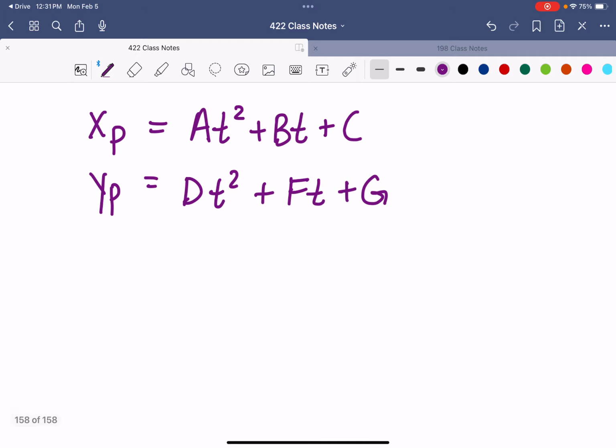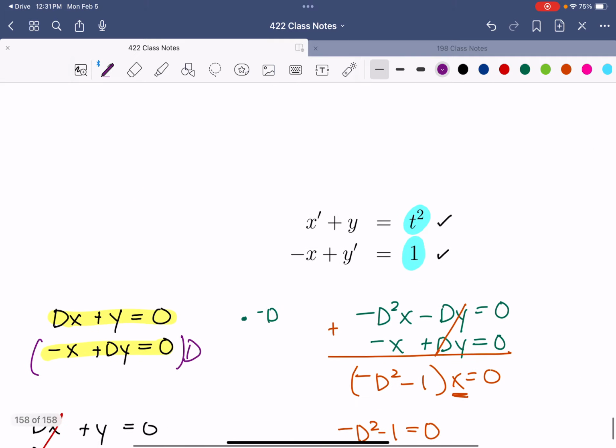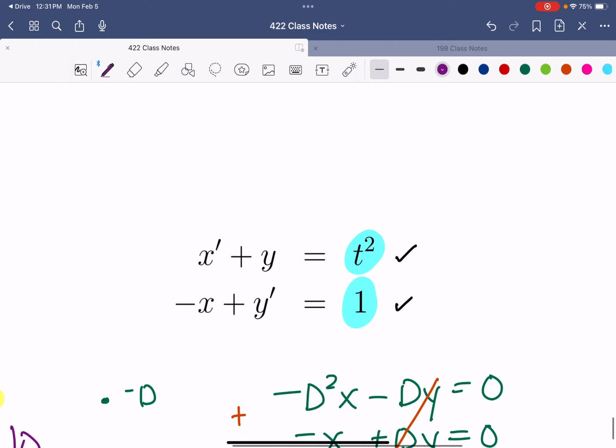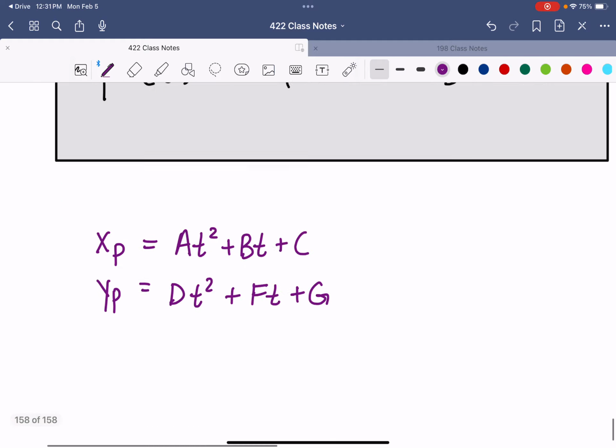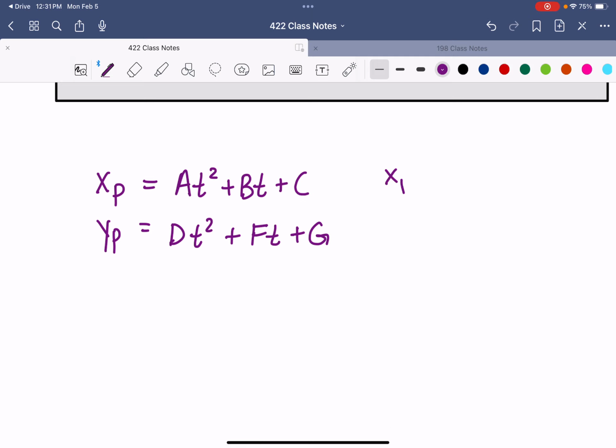That means we're plugging back into the original system way up top, so I need to know what x prime and y prime are. So xp prime is just 2at plus b, and yp prime is 2dt plus f.